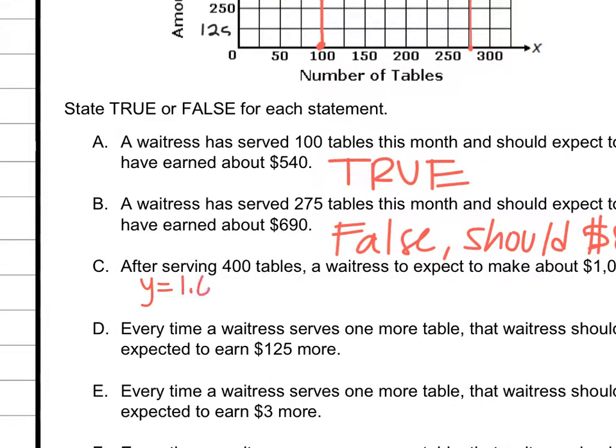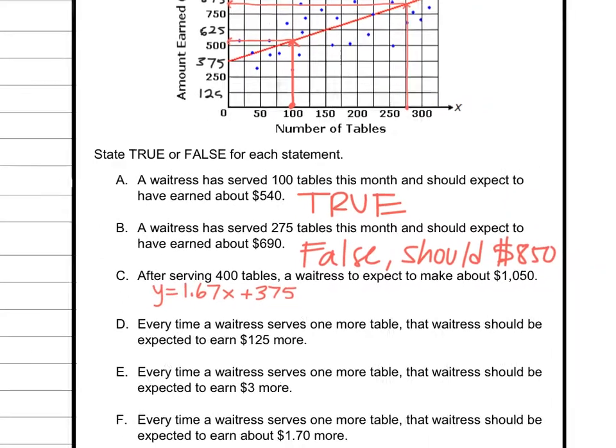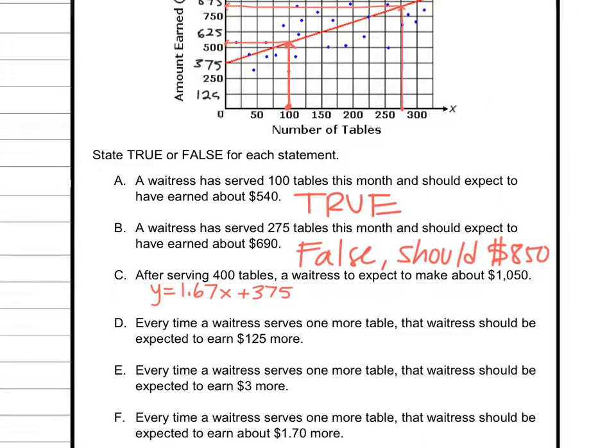This is why you might need your calculator today. Is it 375? Yeah. And 400 tables is an x or y value? So let's put that where x is. 1.67 times, instead of x, I'm going to put 400, plus 375.